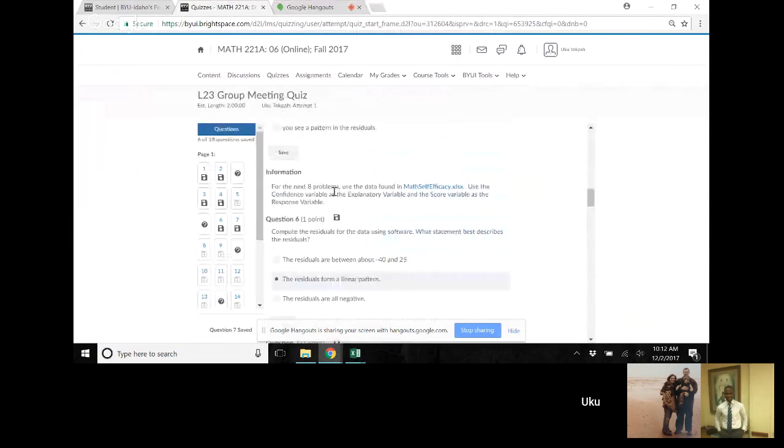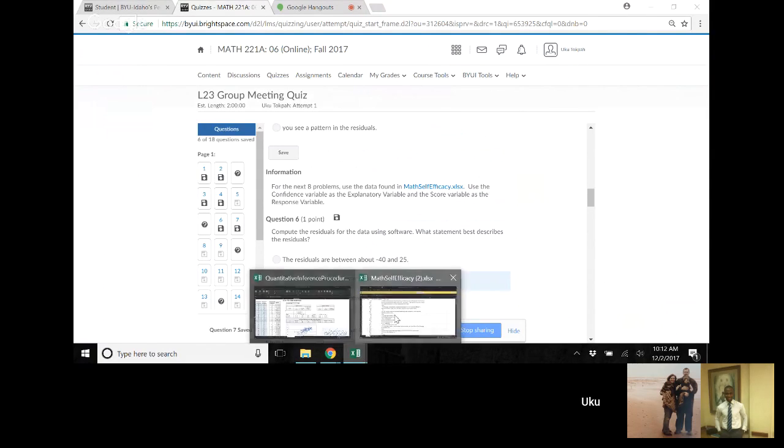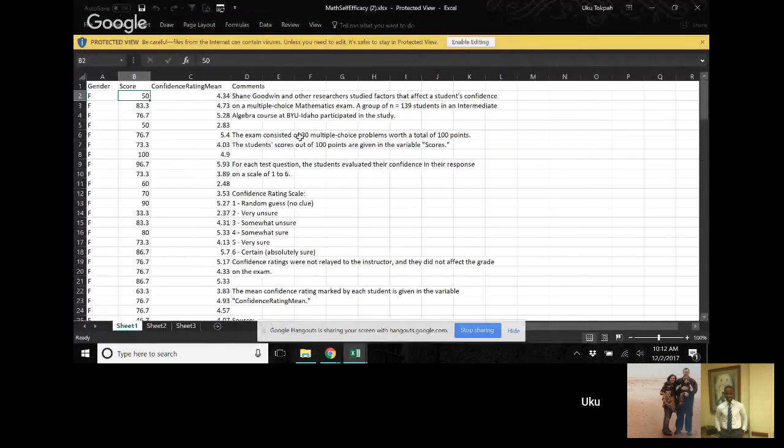It's saying explanatory. So the confidence variable is the explanatory variable, and the explanatory variable is x. So we come over here to the data, the confidence variable, which is this, becomes X, and then this becomes Y, which is kind of annoying. That's what I was talking about earlier. What's the point of this? Why can't they just put this here and here so we can just copy the data at once?